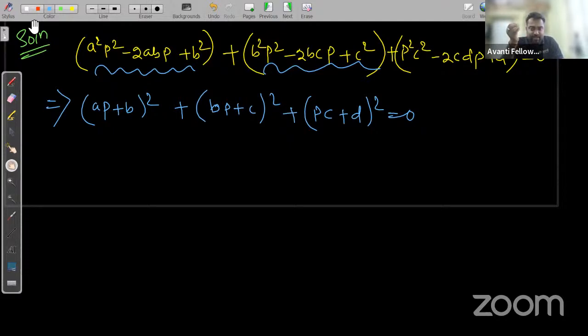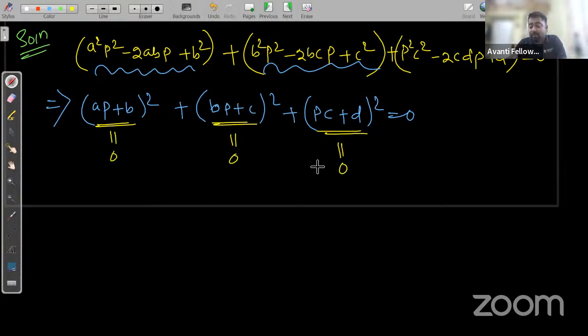Can you guys write in the chat box, please? When will the sum of three perfect squares give you 0? There is only one case, when all the perfect squares become 0. That means this becomes 0, this becomes 0, this becomes 0.